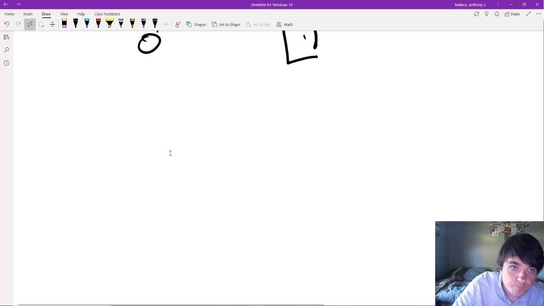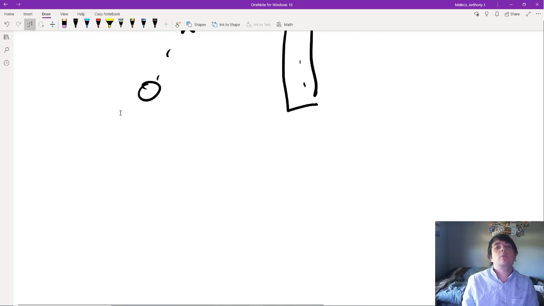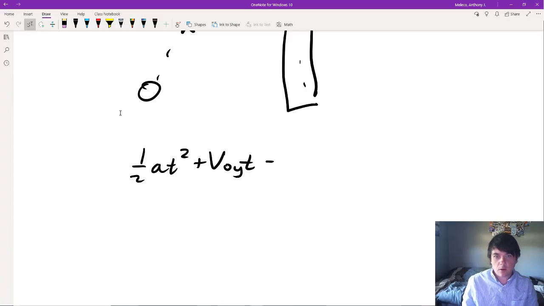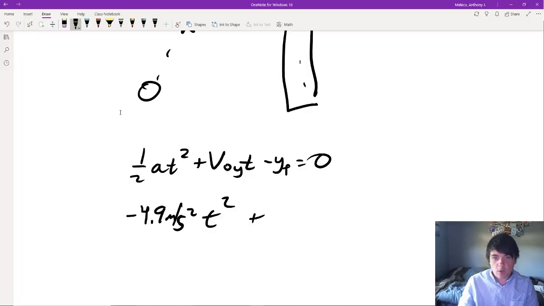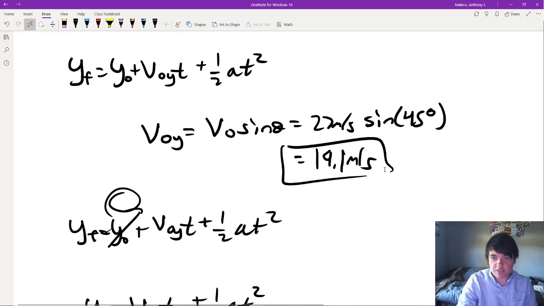So let's go ahead. 1/2 a t squared plus v naught y t minus y final. So 1/2 a is going to be minus 4.9 because a was minus 9.8, right? And that's t squared. Our v naught y was just what we solved for, 19.1.